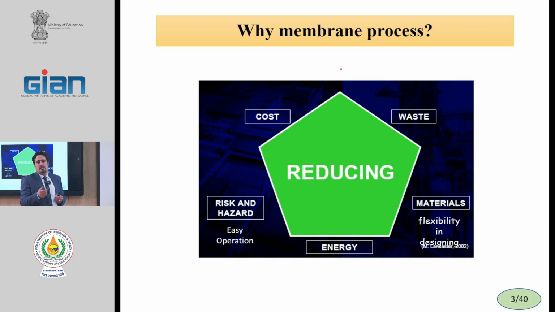But in distillation, for example, we must prepare a very tall column, and we cannot fabricate the column as vertical or horizontal. Okay? Therefore, the membrane design is flexible.